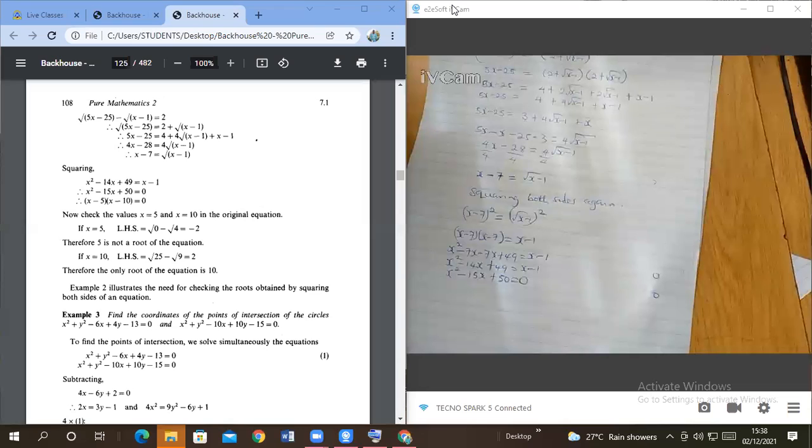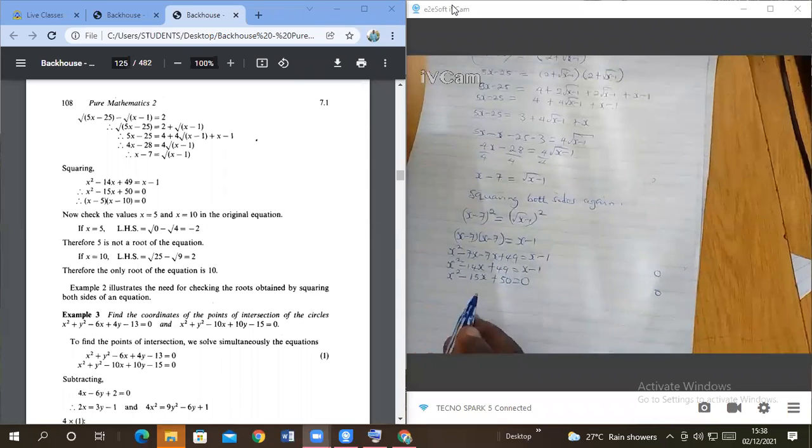Now let's factorize this. What are the factors of positive 50 that give us negative 15? Negative 5 and negative 10. So x squared minus 5x minus 10x plus 50 is equal to 0.